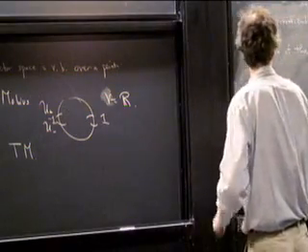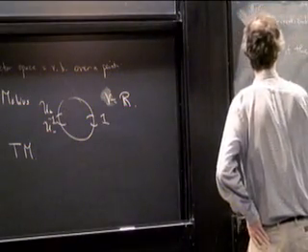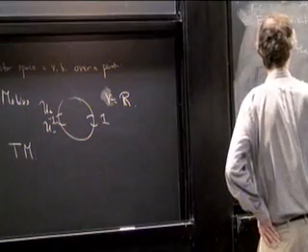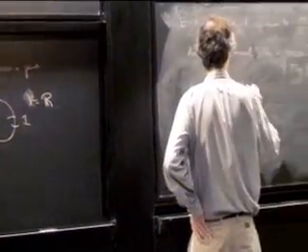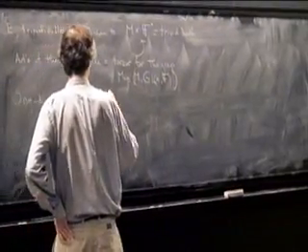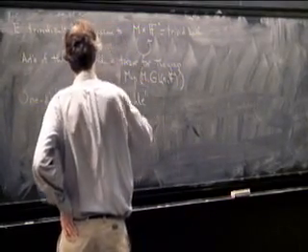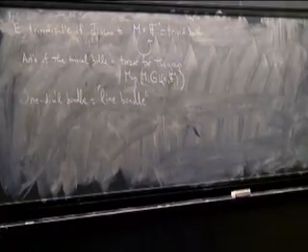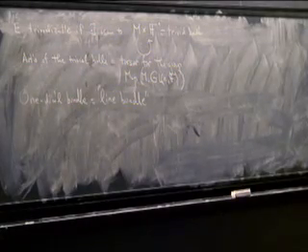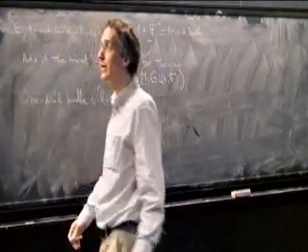And another piece of terminology is that a one-dimensional bundle is called a line bundle. Now you have to be careful. That can mean two different things depending on whether you're talking about real or complex.